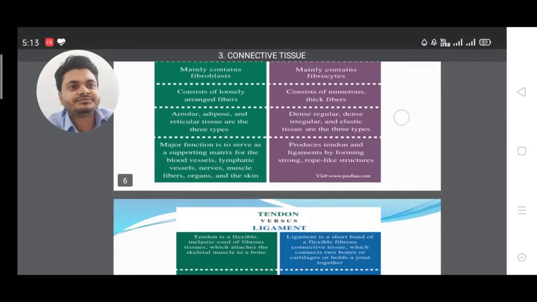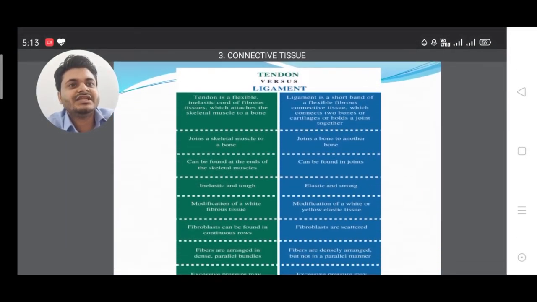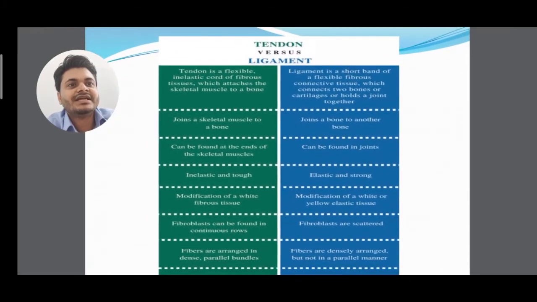Next you can see the difference between tendon and ligament that I have given. As I said earlier, a tendon joins a skeletal muscle to a bone, and a ligament joins a bone to another bone. One bone and another bone are joined by a ligament, and a bone and a muscle are joined by a tendon.